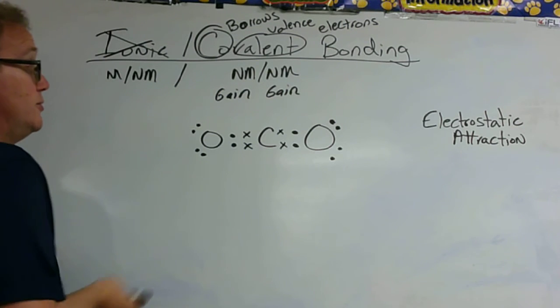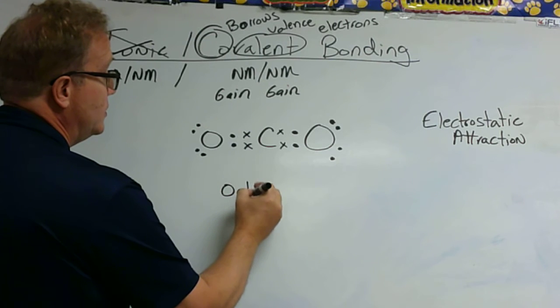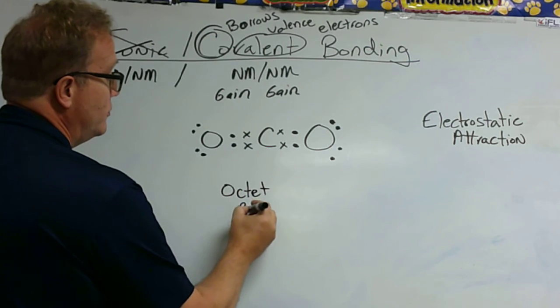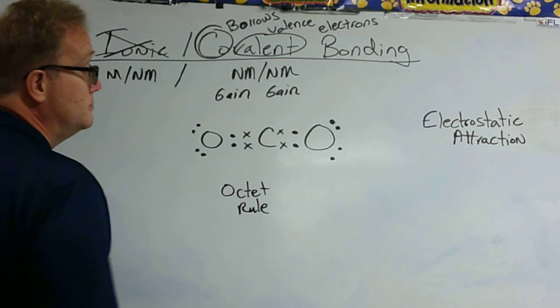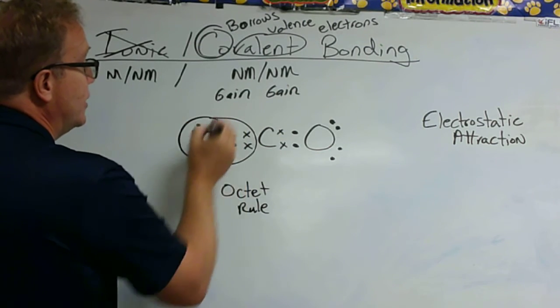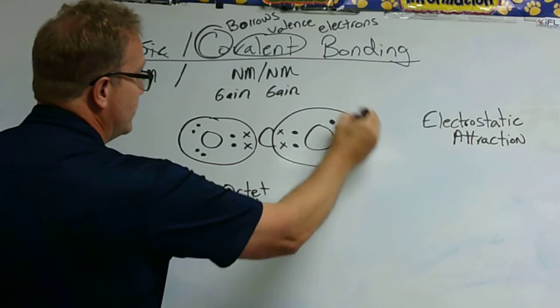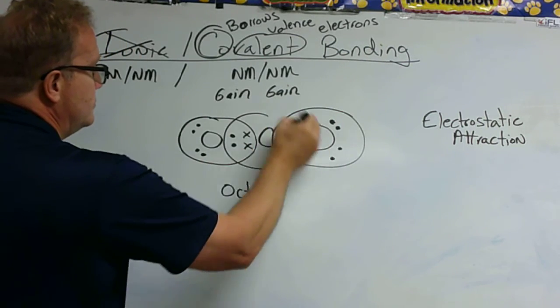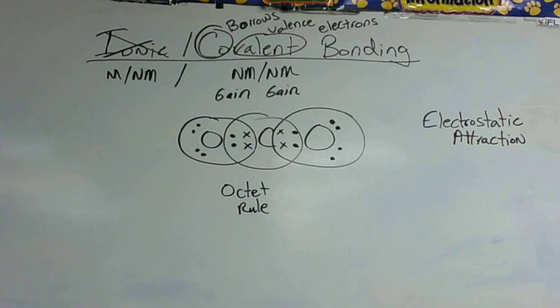Now I still have to adhere to the octet rule, which means 8. How do they get these 8? From borrowing electrons from other elements. So you will notice that by borrowing or co-owning, carbon and oxygen now have an 8.